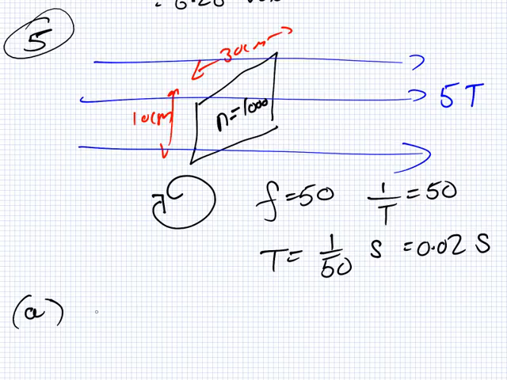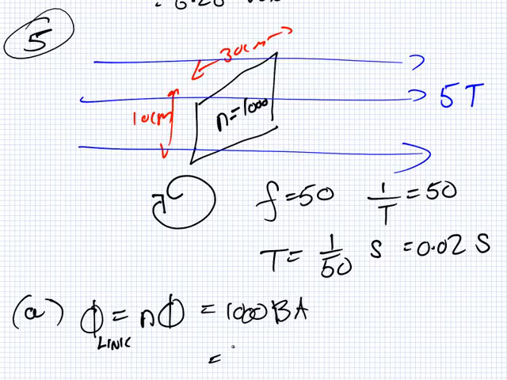Okay, so the flux linkage, that's n times the flux, which is 1,000 times BA, which is 1,000 times 5 times 0.1 times 0.3.